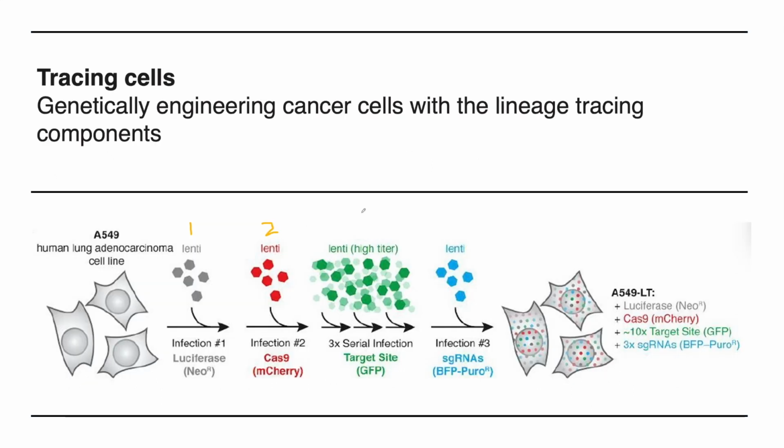Then they infected the cells with lentivirus carrying Cas9 protein with an mCherry fluorescent reporter. Cas9 is the protein that can bind the target site and cut it. The next step is to introduce the guiding sequence for the Cas9 protein to allow it to bind to the target site. They modified the guiding sequence to have one mismatch with the target site to reduce affinity.